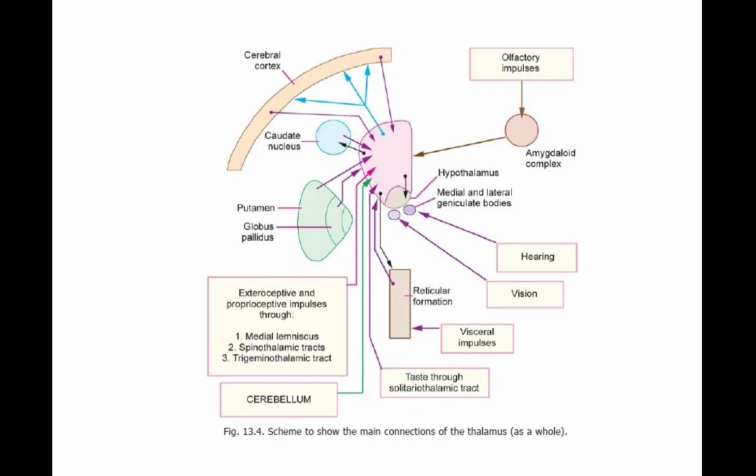Medial lemniscus is for fine touch. Spinothalamic tracts are for pain and temperature. Trigeminal tract is for face sensation. Then you can see taste also goes through the solitariothalamic tract.